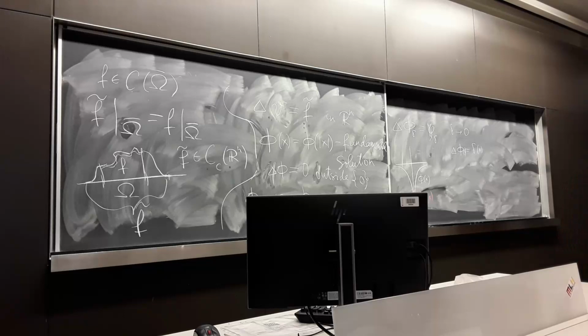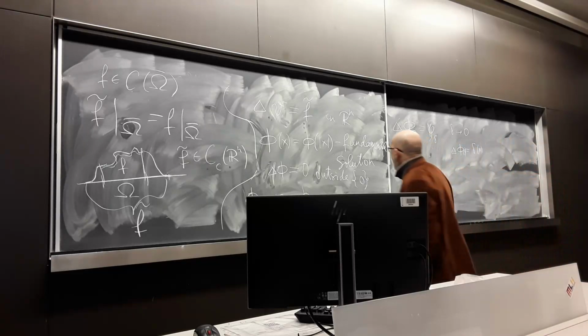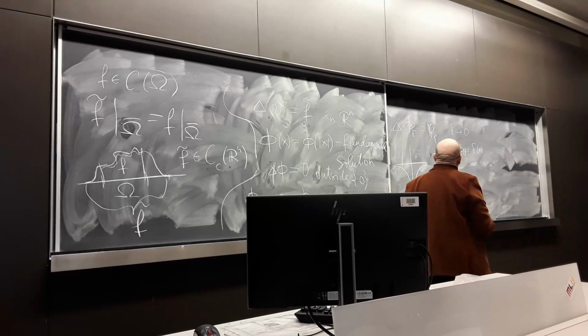Here is a little overuse of delta, capital and small. I don't know what to do with this. So the fundamental solution is such a function that its Laplacian is delta of x. So it is harmonic outside 0 and has concentrated Laplacian at one point.